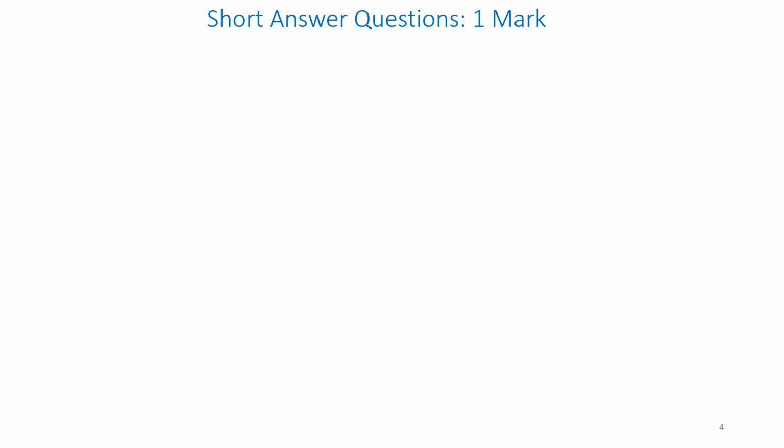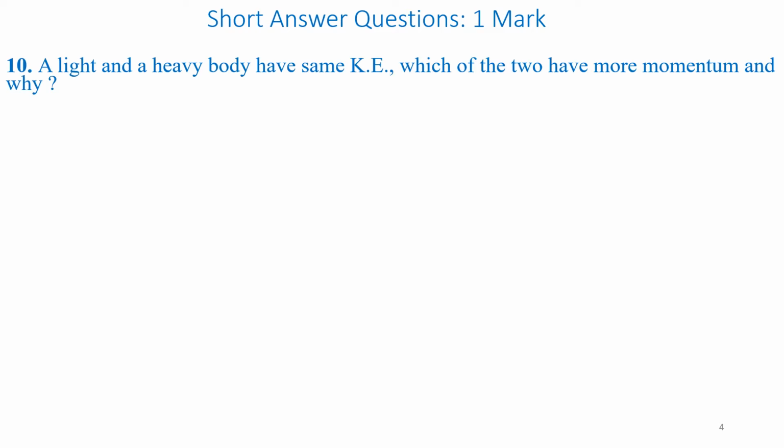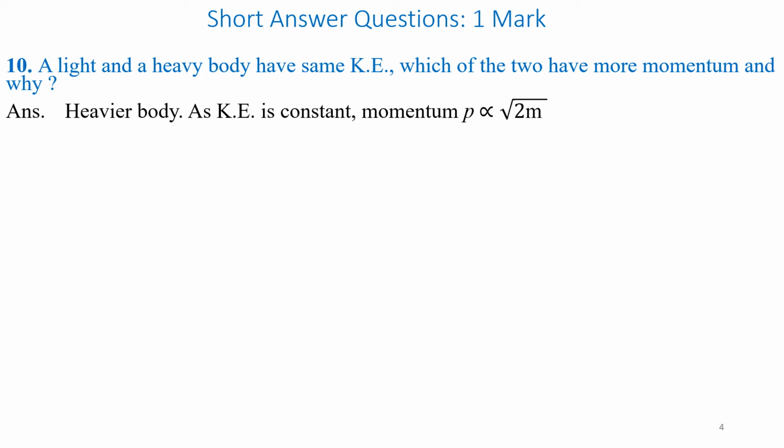We will continue by answering 1 mark questions. Question number 10. A light and a heavy body have the same kinetic energy. Which of the two have more momentum and why? Answer. The heavier body will have more momentum if the kinetic energy is same. This is because momentum is directly proportional to square root of 2mK, where K, that is the kinetic energy, is constant.